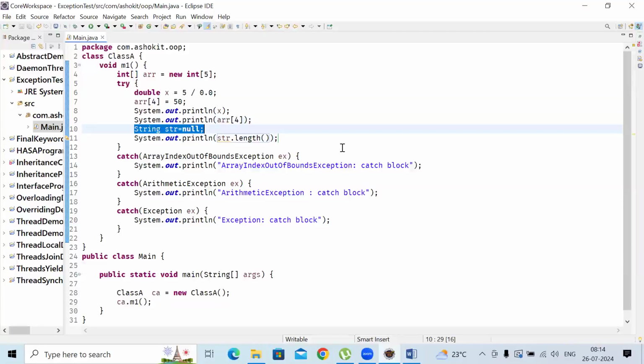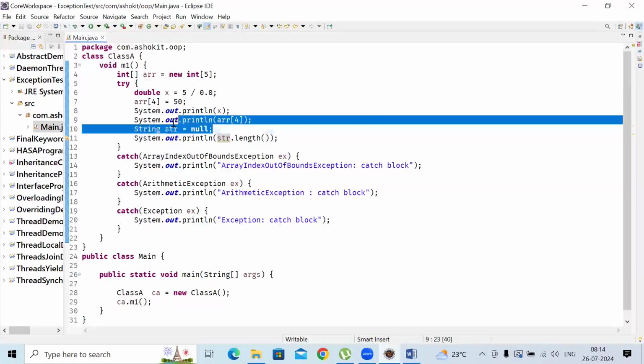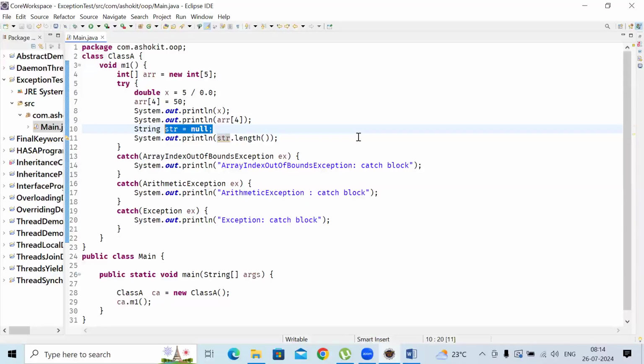That's my question. The answer is no. In line number 10, I'm creating one string variable, str, and assigning the value null. That's it. I don't have an exception in line number 10.